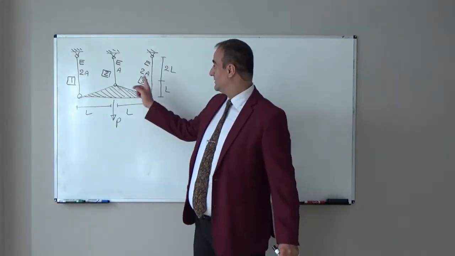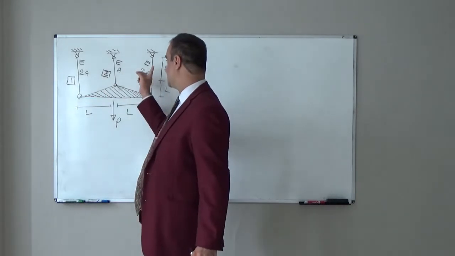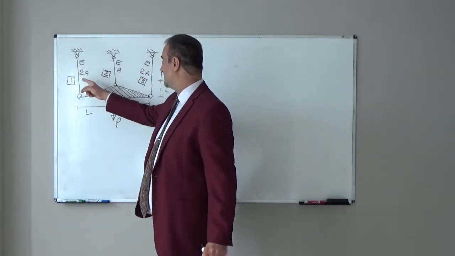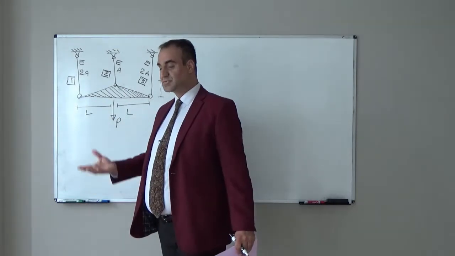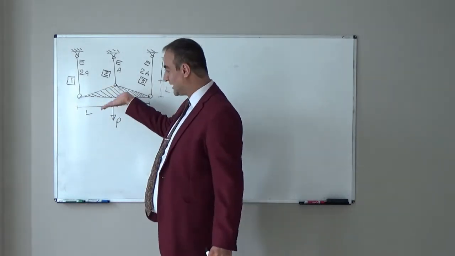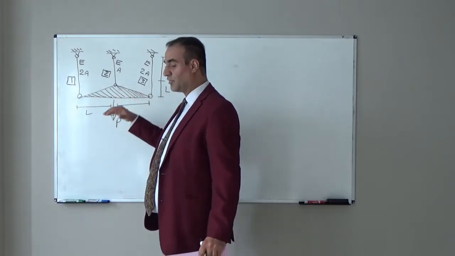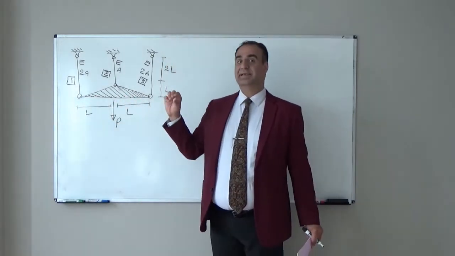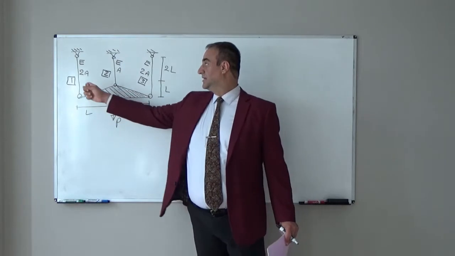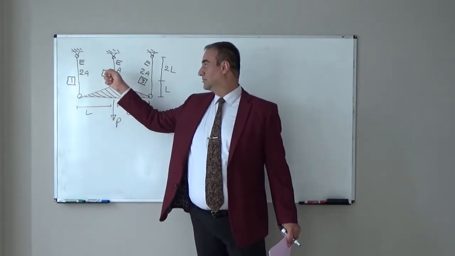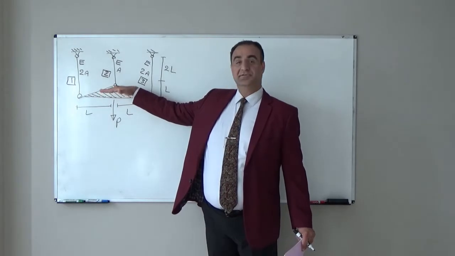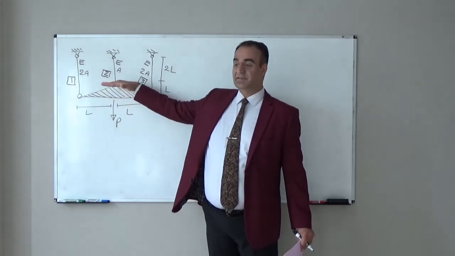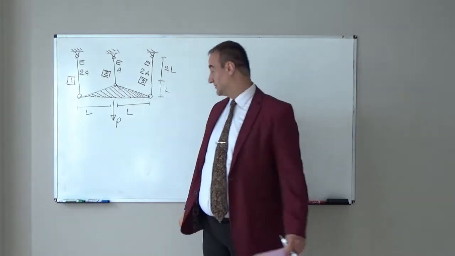You see, the material is the same, cross-sectional area 2A, 2A, it is A, load exactly in the middle, so there is no reason for rotation. They will deform all together, and the amount of deformation in rod 1 will be equal to rod 2, will be equal to rod 3, and this rigid plate will only move downward.